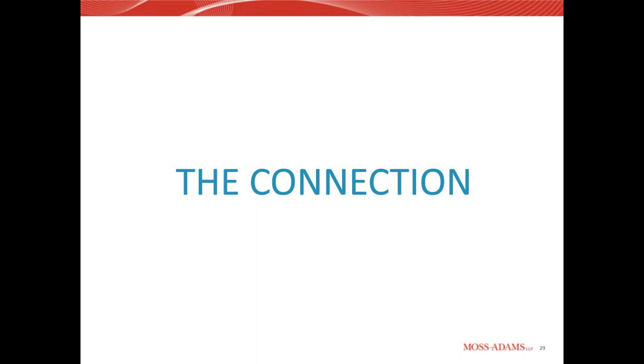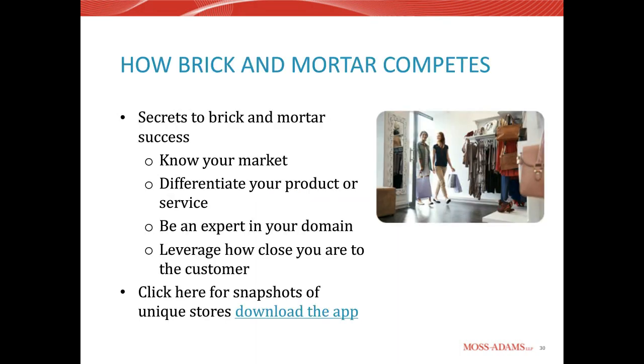So we're going to shift gears. We're going to talk about the connection between the internal and the external. So a lot of you, based on the polling questions, already have brick and mortar components to your retail establishment. So what's going to make you successful? It's really three things. It's really going to be know your market. Not only from a geolocation standpoint, but are you really leveraging your employees to gain the information that you need, right?